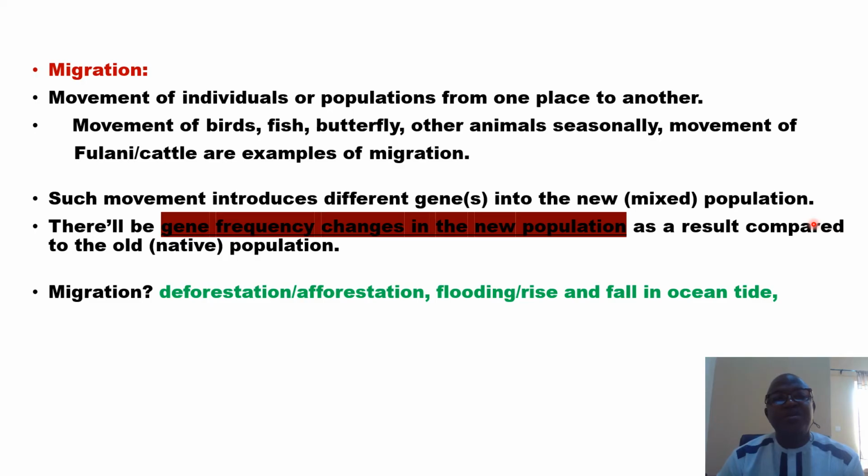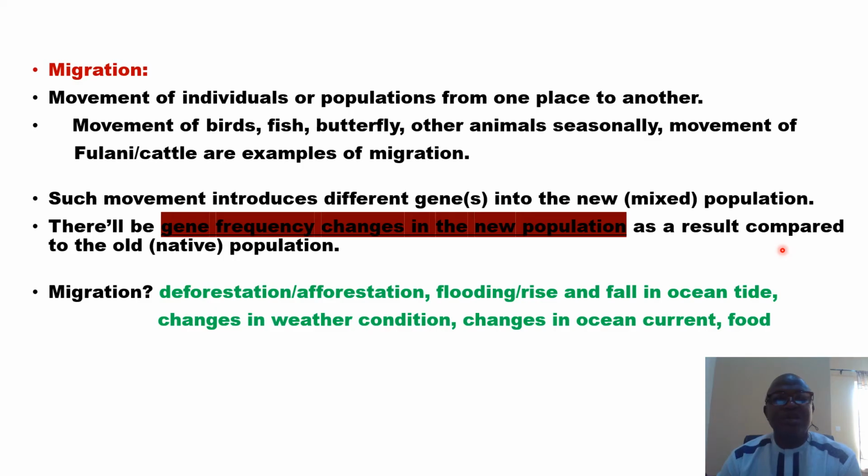So there are many reasons why migration occurs among animals, particularly things like deforestation or afforestation, flooding, rise and fall in ocean tides, changes in weather condition, changes in ocean current, food scarcity or availability, warfare, particularly in the case of human migration, and any reason that can make an animal move.